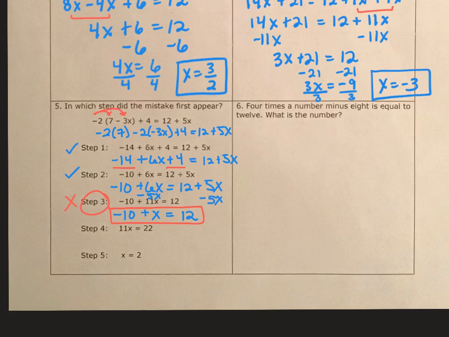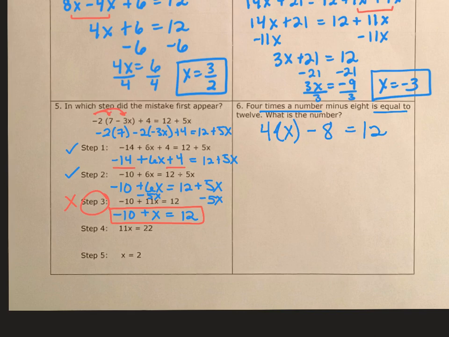Okay, we're just changing words to math. Okay, so we have 4 times a number. Okay, so this number we're going to call x. Okay, and 4 times a number minus 8 is equal to 12.